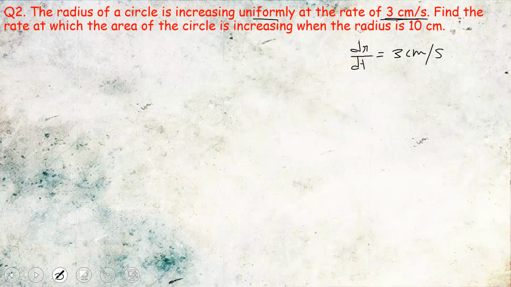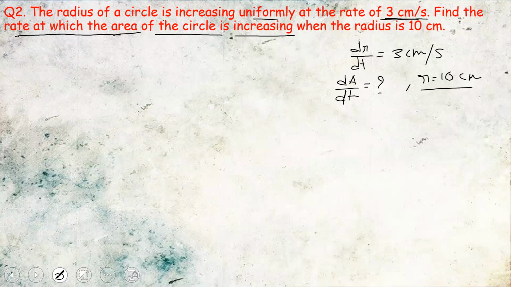We need to find the rate at which the area of the circle is increasing. That means we need to find dA/dt, that is the rate of change of area with respect to time, at r is equal to 10 centimeter.